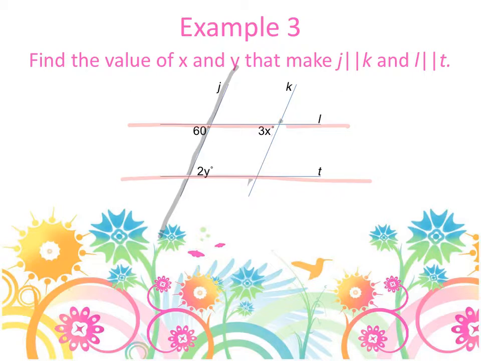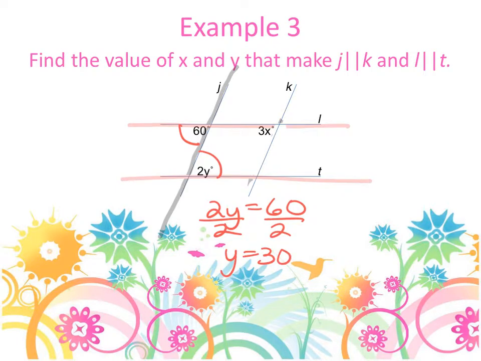So I can see that angle 60 along with 2y, these are going to be alternate interior angles, and I know that alternate interior angles are congruent. So I could say that 2y equals 60, divide by 2, and y equals 30. So this whole angle is 60, but y equals 30.